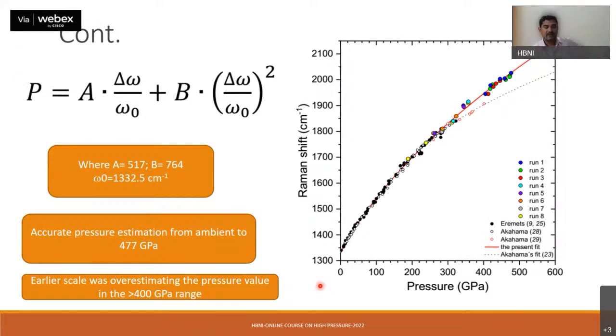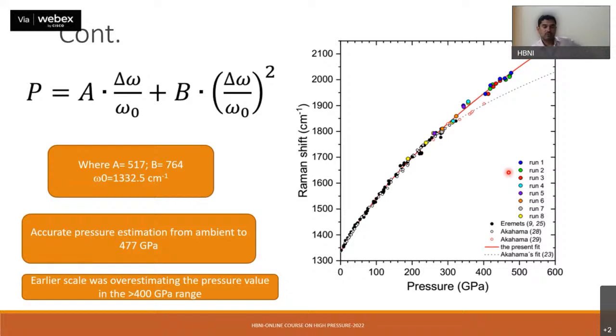So what they have done really, here you see, they have taken all data till now from Akahama and other runs and from other people, and they have tried to fit from very low pressure up to almost 500 GPa.